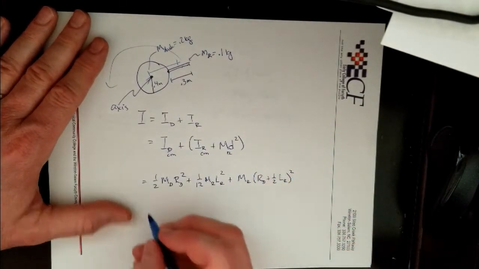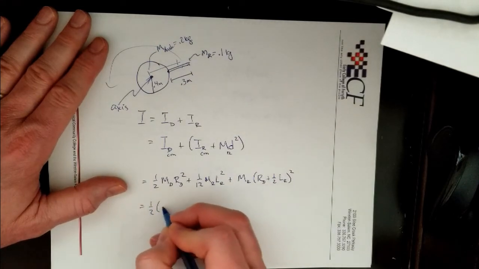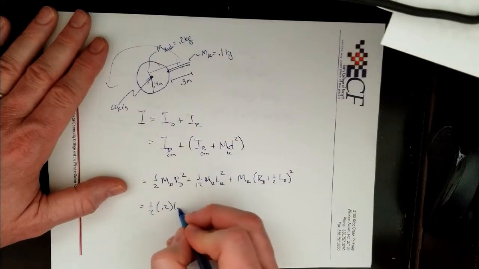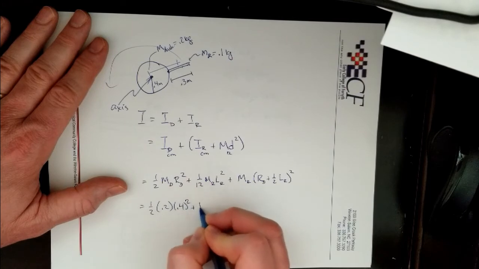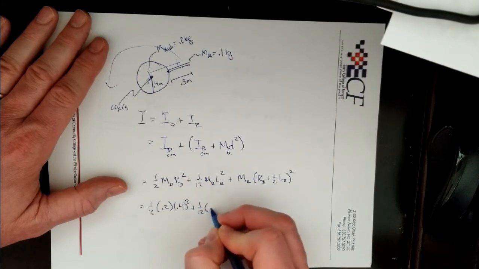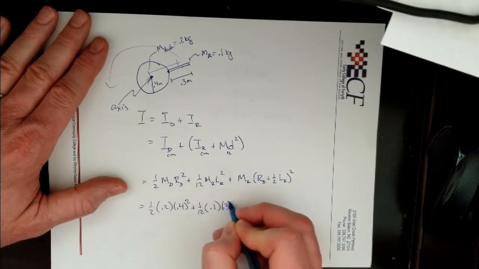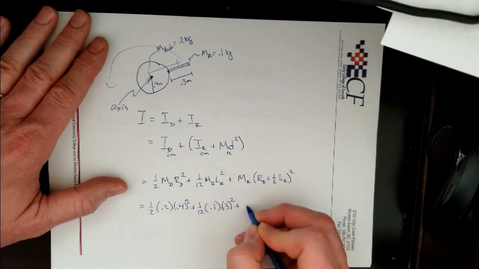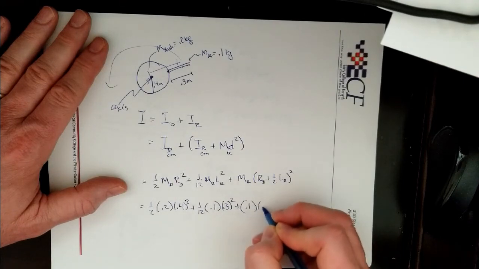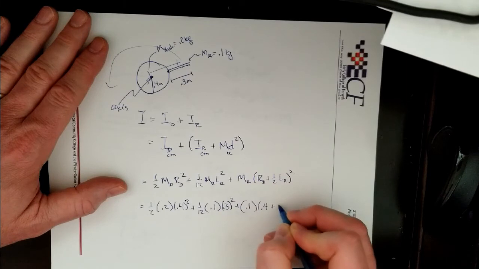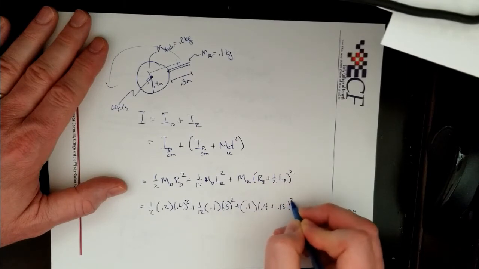And probably easier to plug in numbers at this point. So this becomes 1/2 times 0.2 times 0.4 squared, plus 1/12 times 0.1 times 0.3 squared, plus mass of rod 0.1 times radius of disk 0.4 plus 0.15, squared.